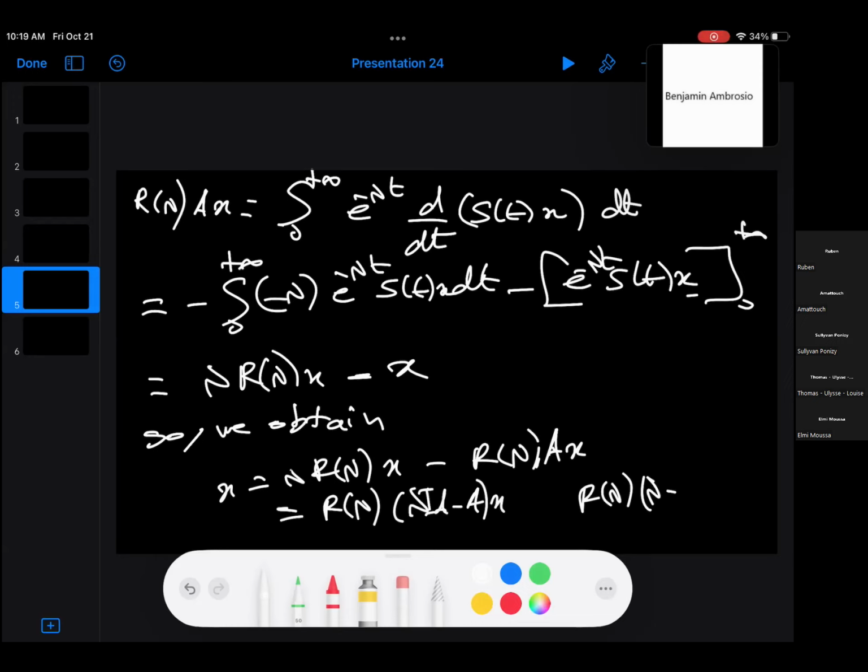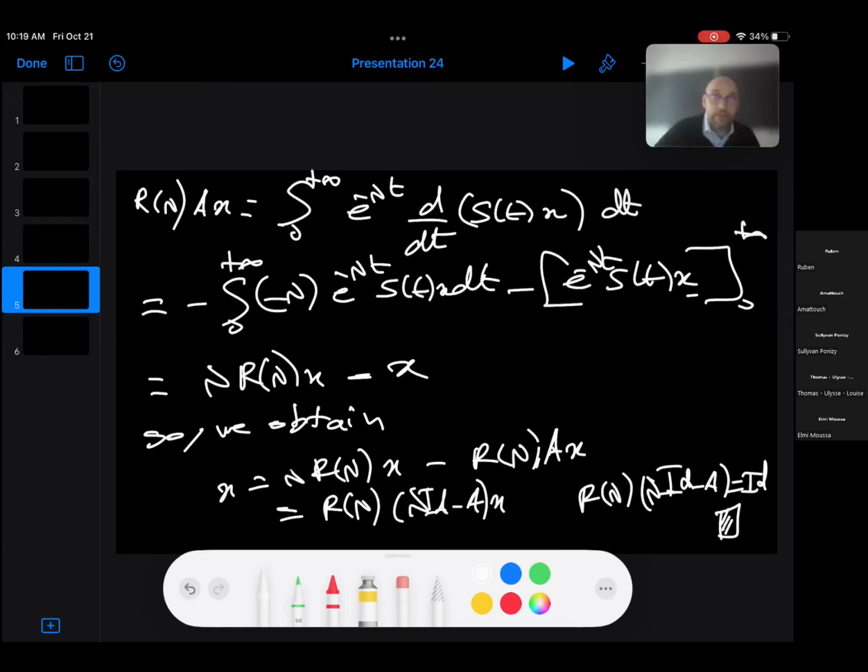So this gives R lambda times lambda identity minus A equals identity. And done. So this ends the proof of the necessary part of the Hille-Yosida theorem.